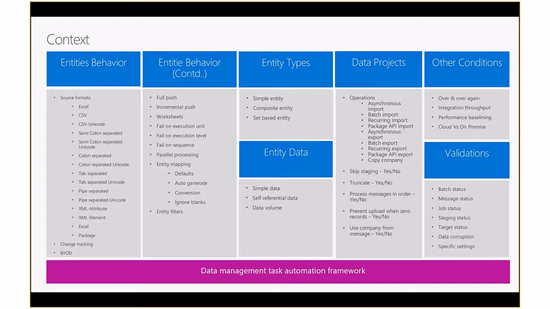Simple data versus self-referential data behave differently. So it is absolutely important for teams, including us at Microsoft before we ship something, to make sure that entities behave well with different kinds of data. So these were the challenges that we are going through, and we are recognizing that this should be a challenge for our partner teams as well, and hence this framework should certainly help.